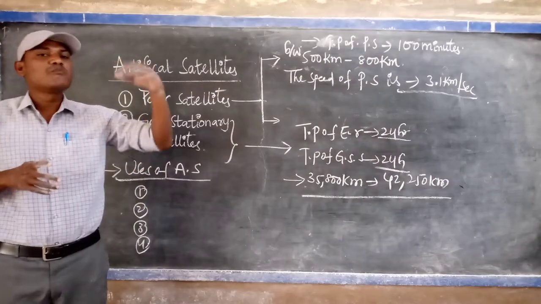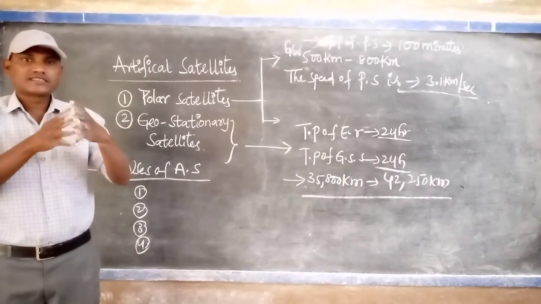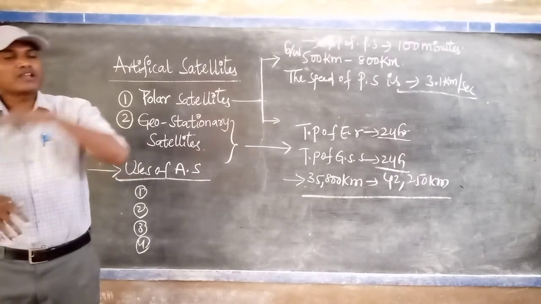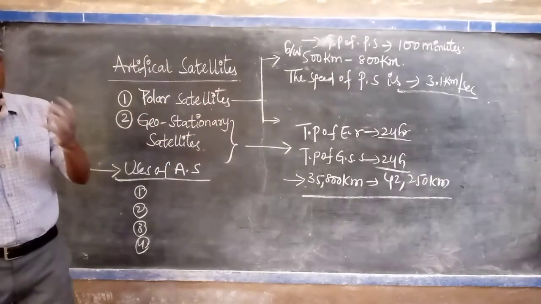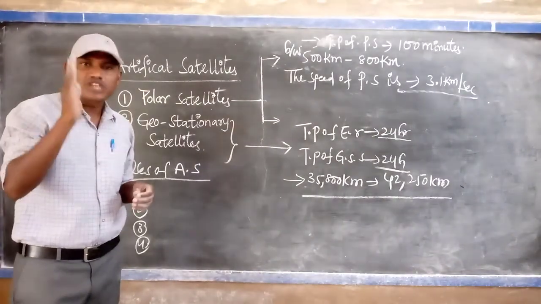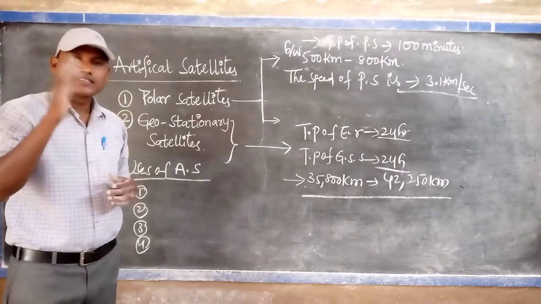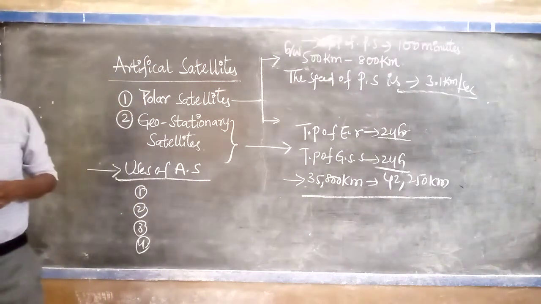And for telecommunication purposes, to transfer signals from one country to another, or from one place to another on earth. So first, to know the shape and size of the earth, and second is telecommunication.